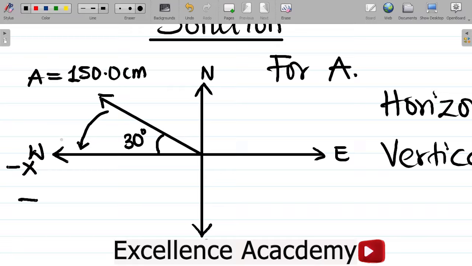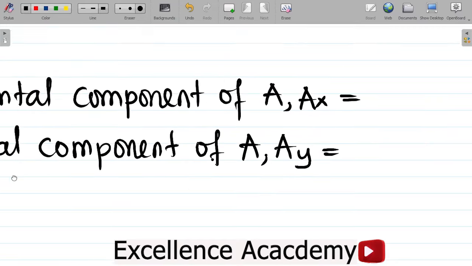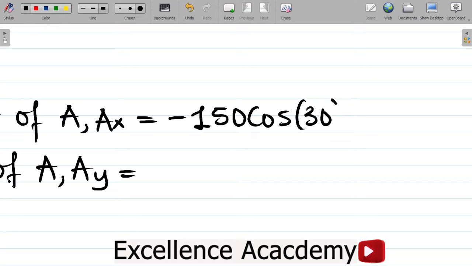To get the actual formula, we said whenever the angle between the vector, which in this case is displacement, and the horizontal axis is given, the horizontal component becomes the value, which is this 150, times cosine of the angle, that's cosine 30. So I'm having negative 150 cosine 30. I've explained this concept in detail in our previous class on vectors. I'll leave a link in the video description.